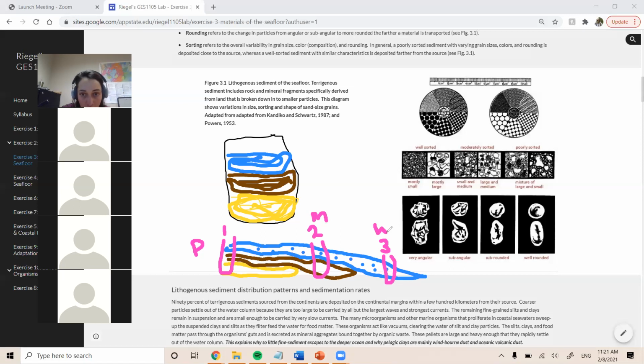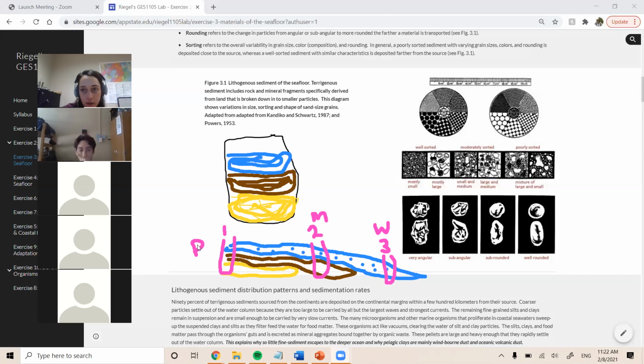So what can we conclude from that experiment? If I look at some sediment and see that it's all well sorted, can I conclude that it's traveled far or relatively far? Yes or no? Yes. Yes, exactly. Perfect. And what if I look at something and it's poorly sorted?